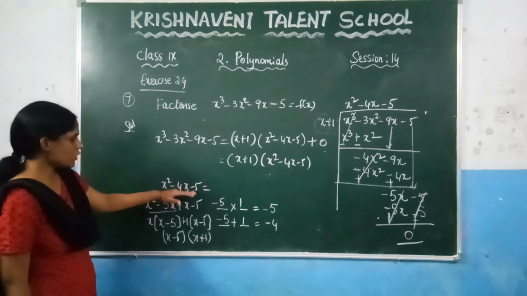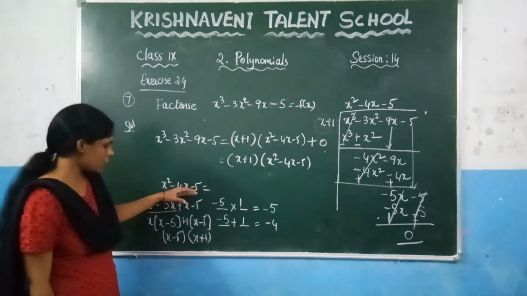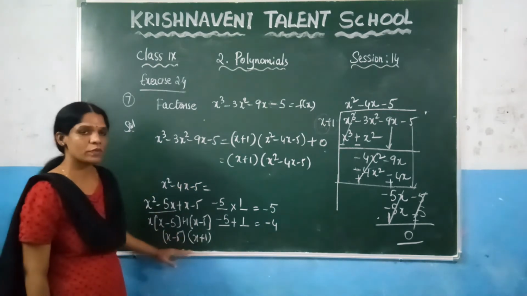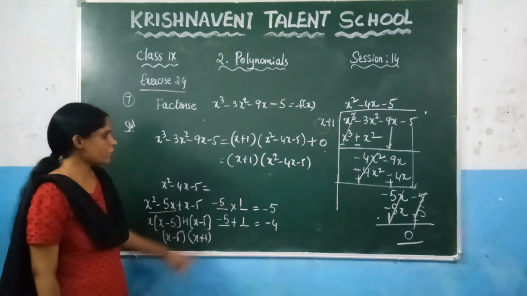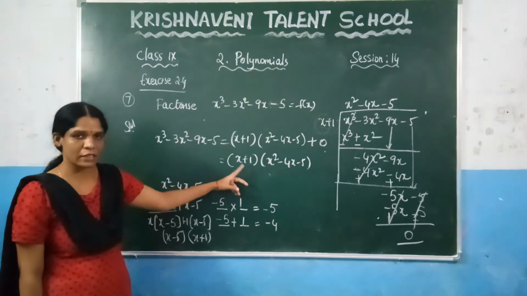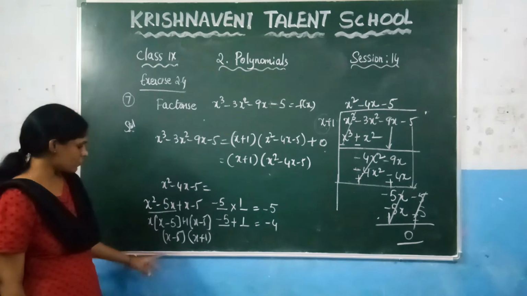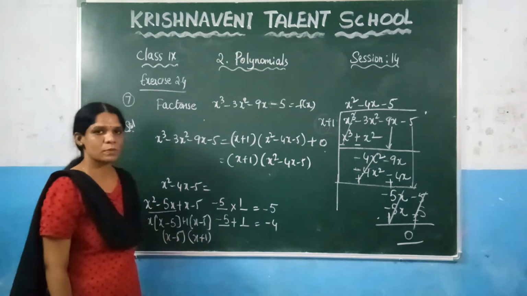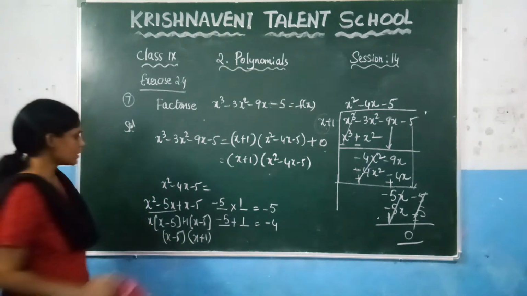So we took this quadratic polynomial and we have split it into the product of two linear polynomials. Already we got x plus 1 as one factor, and the two remaining factors are x minus 5 and 2x plus 1. Now write it here.